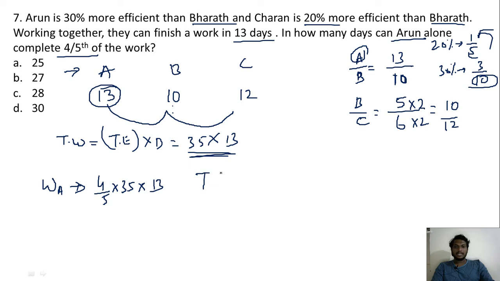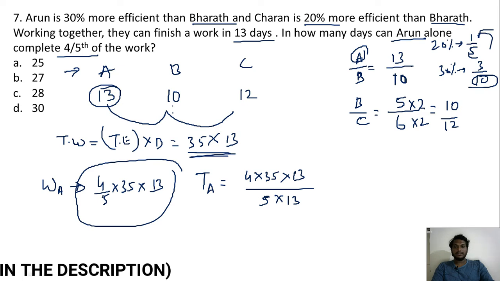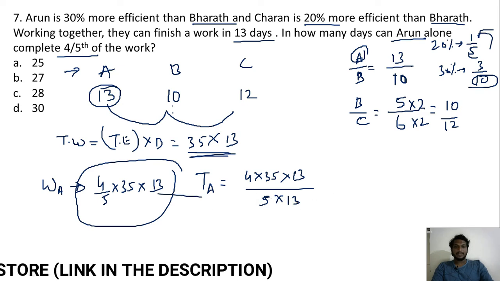So the total time taken by Arun to complete this much work will be 4 into 35 into 13 divided by 5 into 13. See, this is 4 by 5. So I wrote 5 and 13 in the denominator straight away.